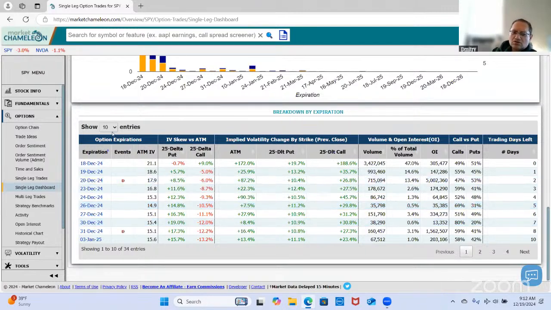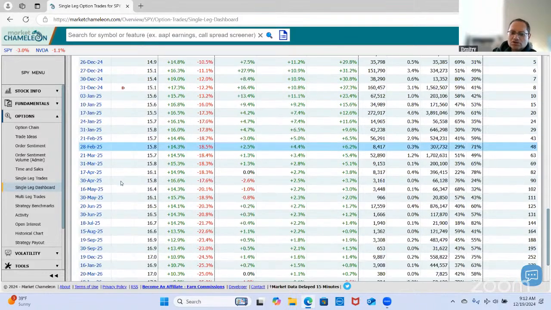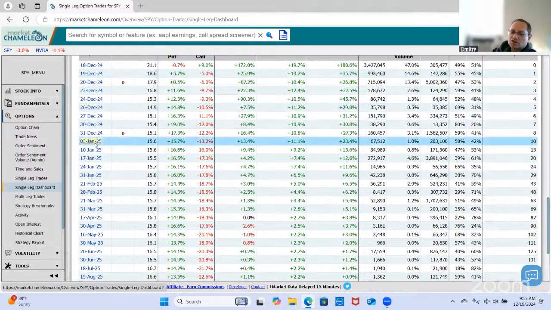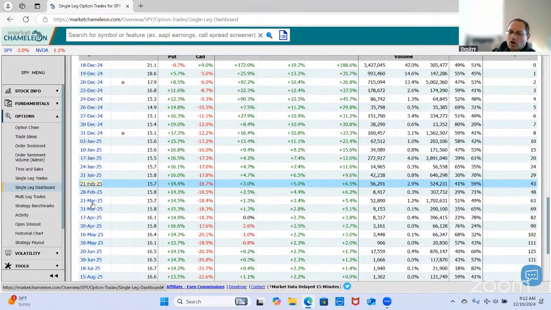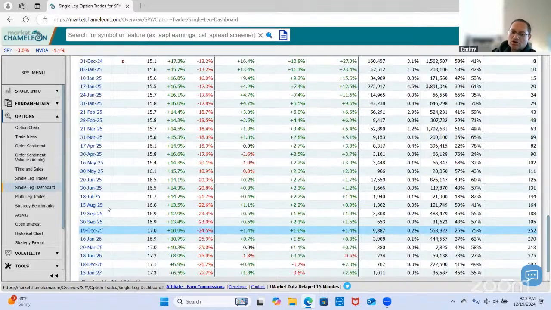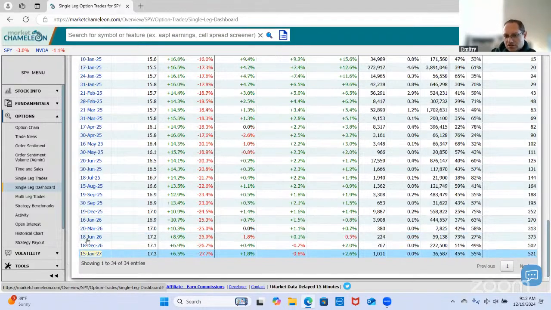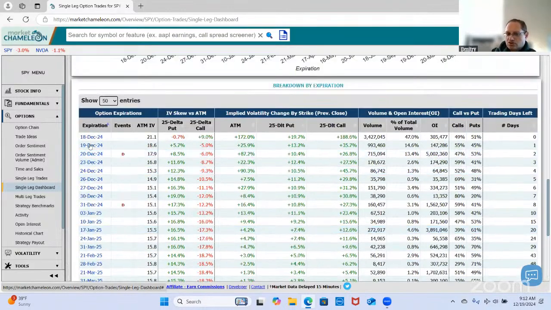So we could open up this table just to see all the available ones. You could see there are a lot of different option expirations available to trade in SPY. They go all the way out to January 15, 2027. And for each of these expirations, here's the at-the-money implied volatility, which are different.